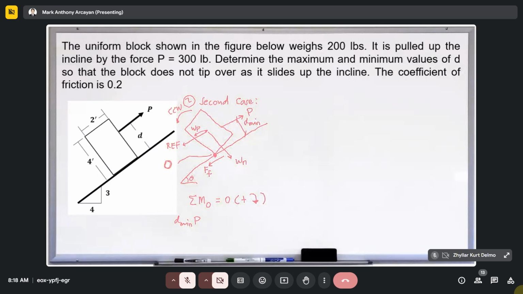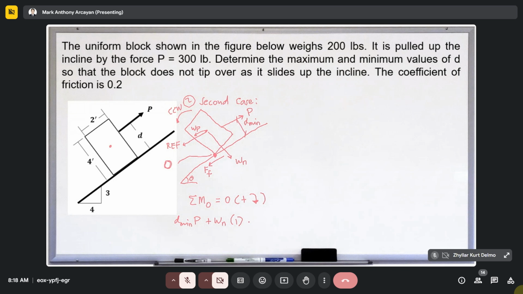Now let's proceed to the normal component of the weight. Since the normal component is on the right side of our point O, it can produce a clockwise moment. So plus Wn times its perpendicular distance from this point, which is half of the width. So that's 1. Then both the reverse effective force and the parallel component produce a counterclockwise moment. Therefore, both receive a negative sign.